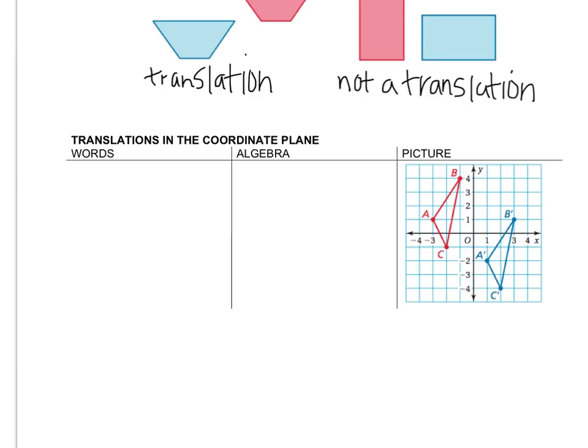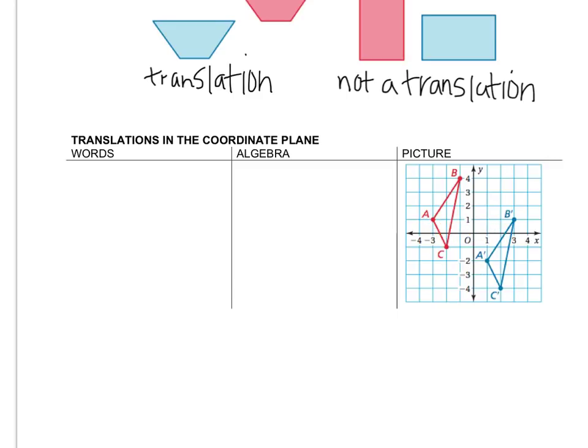The way that you create a translation on the coordinate grid, which is what we're really going to be concentrating on, is by doing the following things. In order to move, let's say we're starting with the red shape and we're going to the blue shape, and I'll explain what those little dashes mean in a second. But in order to go, for example, from point A to point A over here in the blue shape, you would have to move it this way and then move it to the right and then go down.